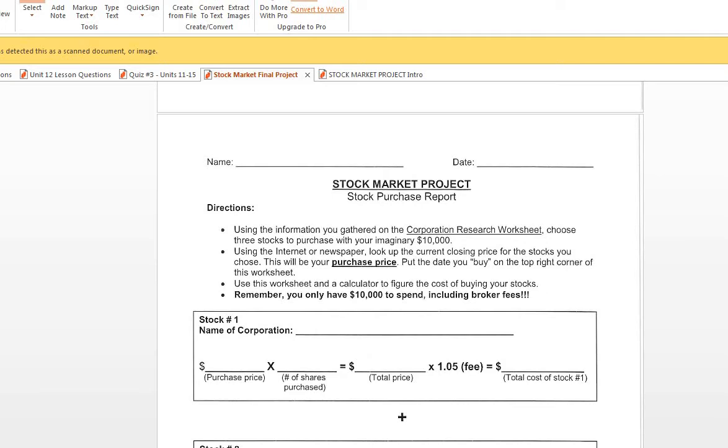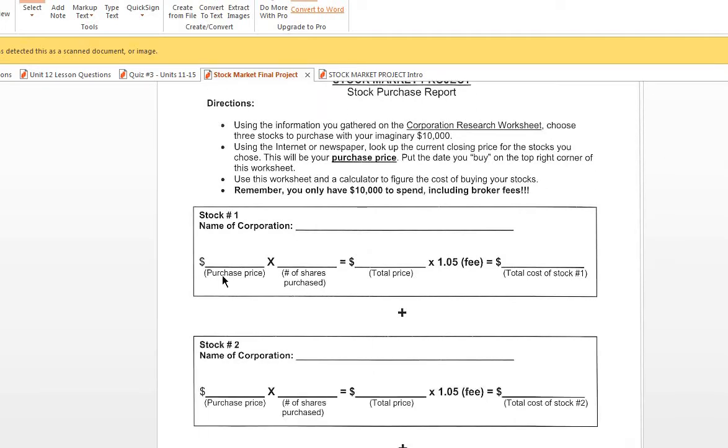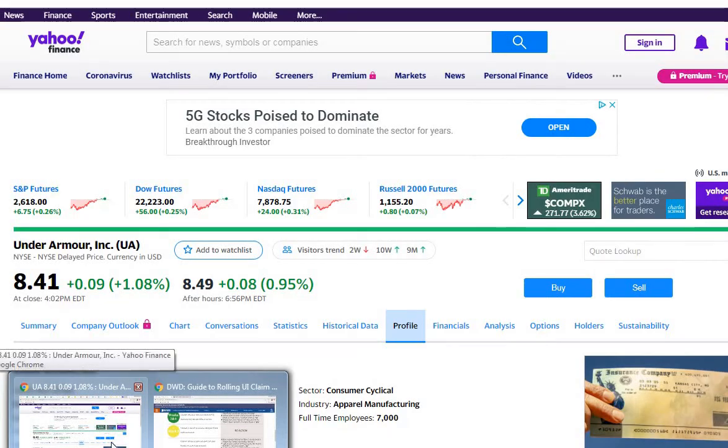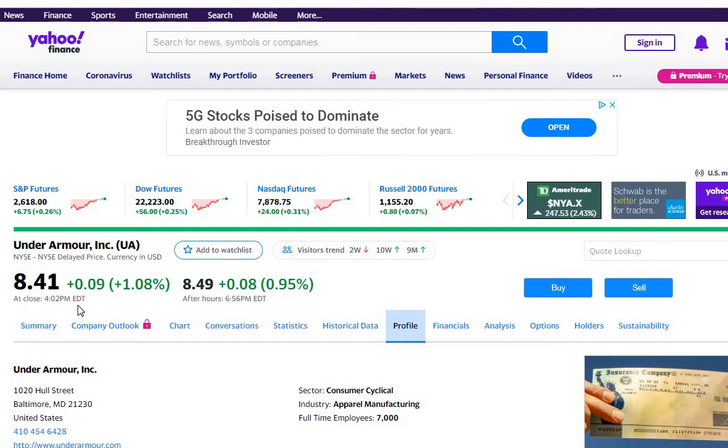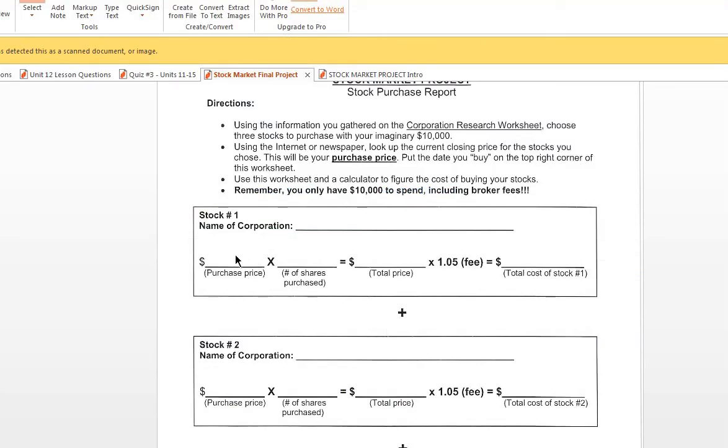So I would highly recommend using pencil before you figure out just how many you want to buy of each stock. So you put the purchase price in here. So for this example, it would be $8.41 per stock, per 1 unit of stock.